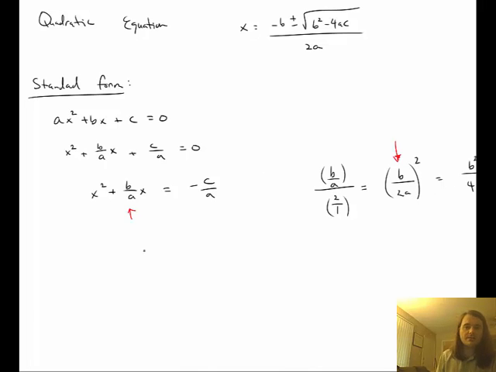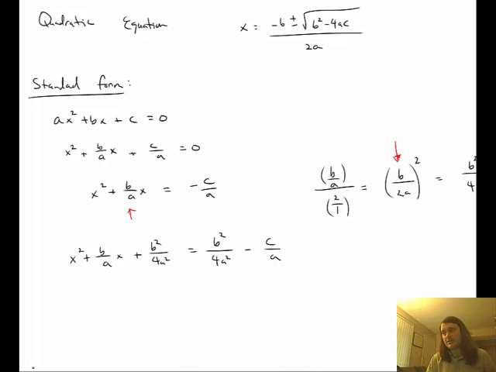B squared over 4a squared, what I want to do is add that to both sides of the equation. So the left side of my equation is going to be x squared plus b over a x plus b squared over 4a squared equals, then I've added b squared over 4a squared to the right side of the equation, so we get that. Well, by force, I made the left side of my equation a perfect square.